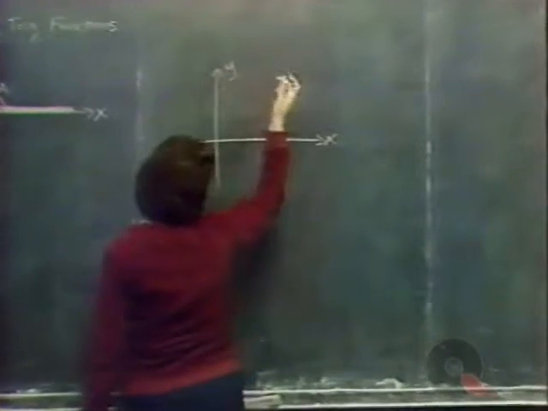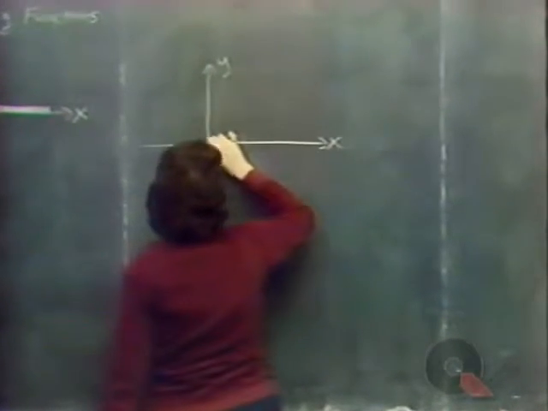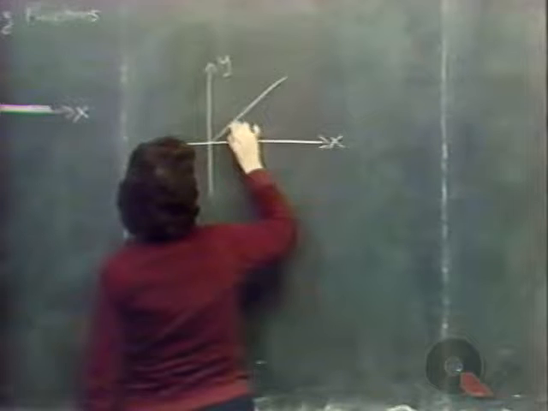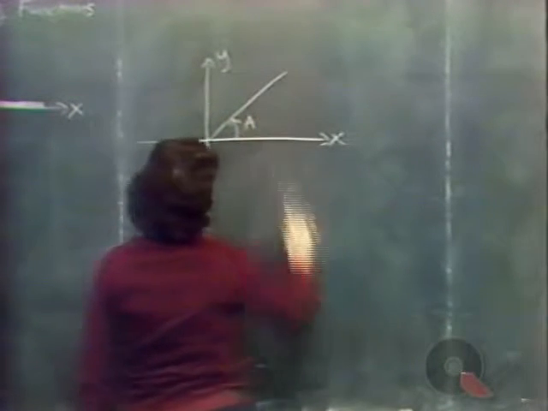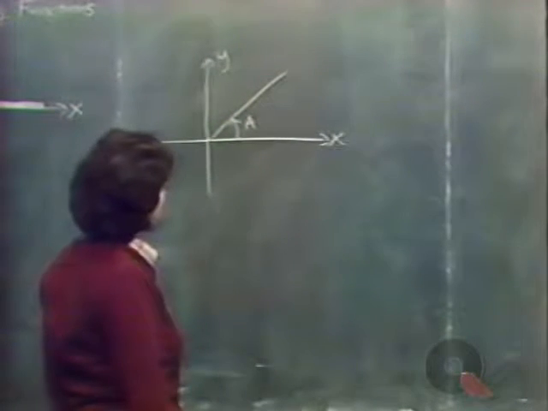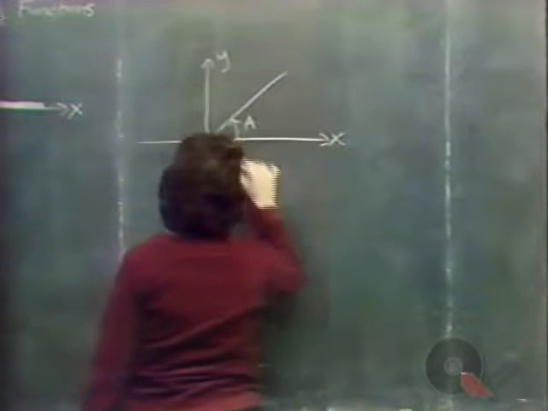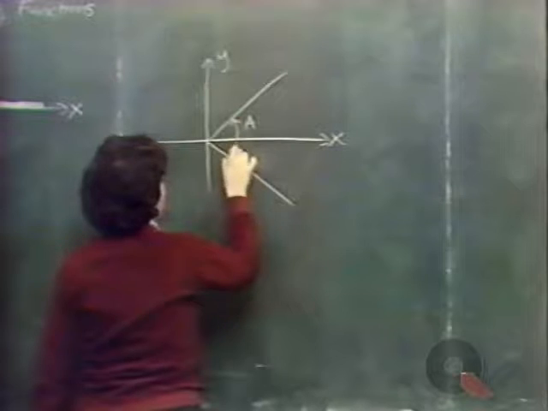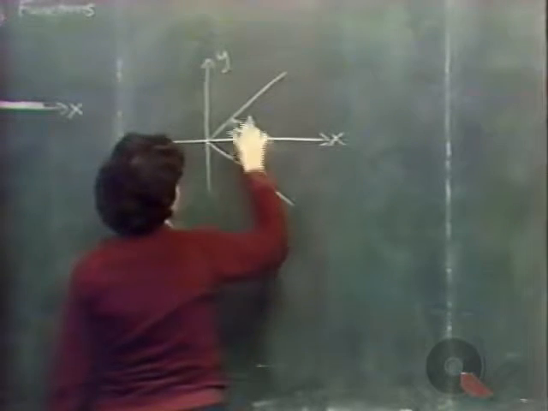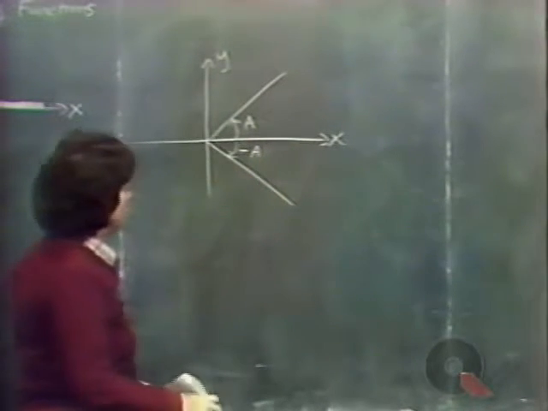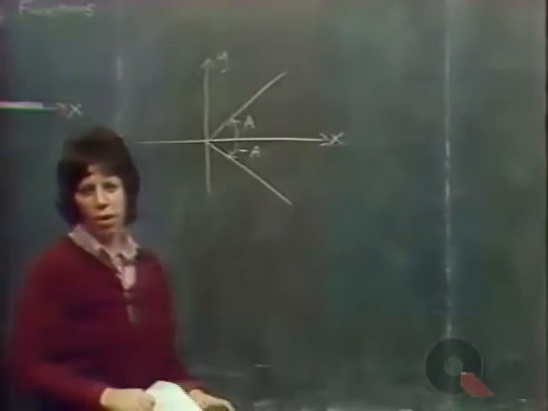Let's say A is in the first quadrant. We have an angle A, a positive angle generated by a counterclockwise rotation. The angle minus A would be basically the same size, but generated by a clockwise rotation.